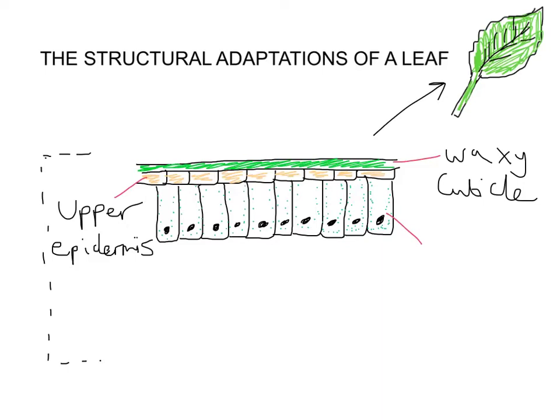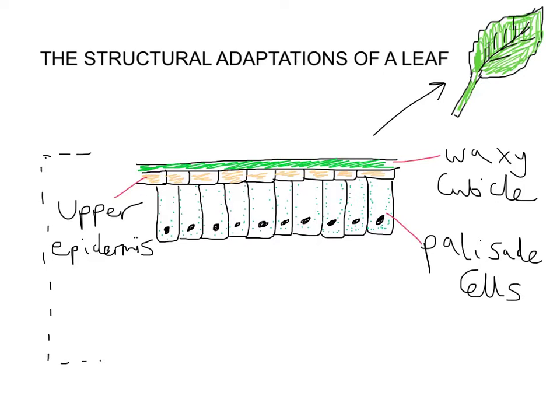So these are what we call palisade cells. The information I was just saying about the accessory pigments only really appears in key stage 4, less so at key stage 3. It's just making the point that this chlorophyll pigment does trap light, but there are other pigments that do exist. Chlorophyll isn't the only one.